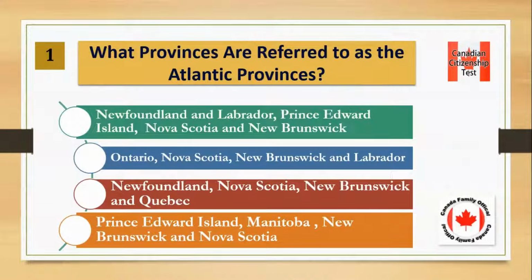Newfoundland, Nova Scotia, New Brunswick and Quebec. 4. Prince Edward Island, Manitoba, New Brunswick and Nova Scotia. And the answer is Newfoundland and Labrador, Prince Edward Island, Nova Scotia and New Brunswick.